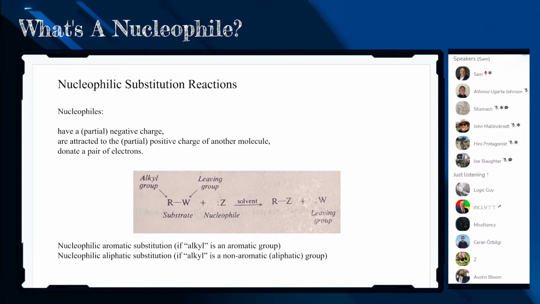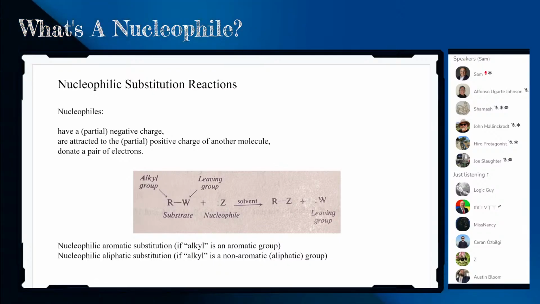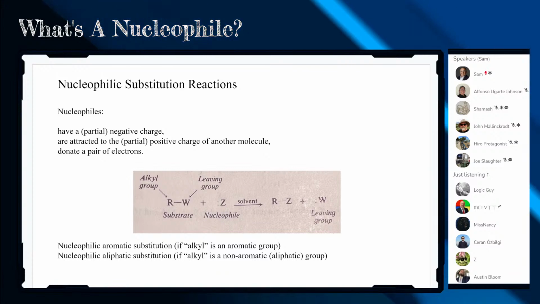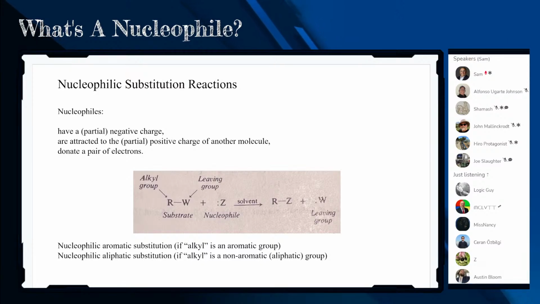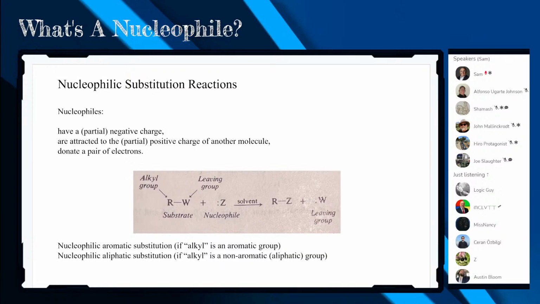This basically shows a nucleophilic substitution reaction and names all the different components. That substrate is kind of like that ethanol that we had. Alkyl group, R, is the CH3CH2 that we had. Leaving group was the OH minus, and Z, the nucleophile, was Br minus, and we ended up with RZ and W, that OH minus, as the leaving group.